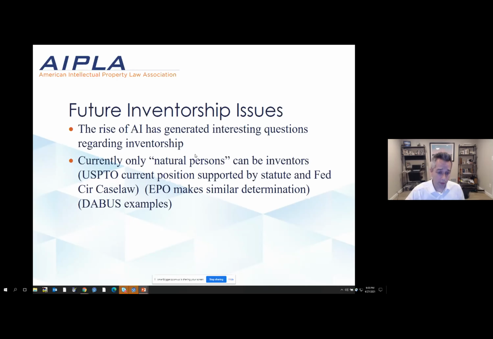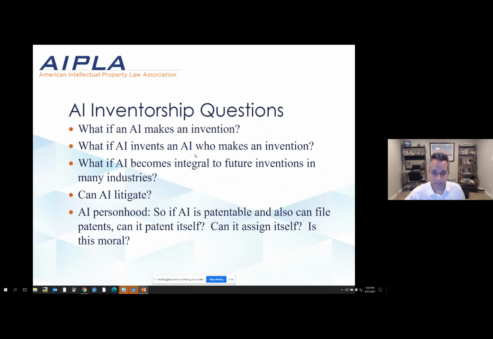And the rule for the USPTO and the EPO, similar determinations were made that only, quote, natural persons can be inventors. The USPTO in their decision, it was actually a petition decision, cited some statutes and Federal Circuit case law to support their position. And so as of now, it's not looking good for our future robot overlords, at least in the patent office.